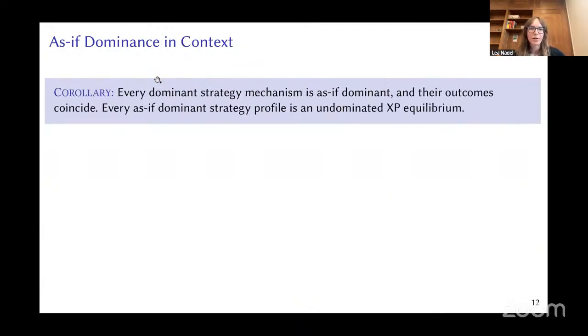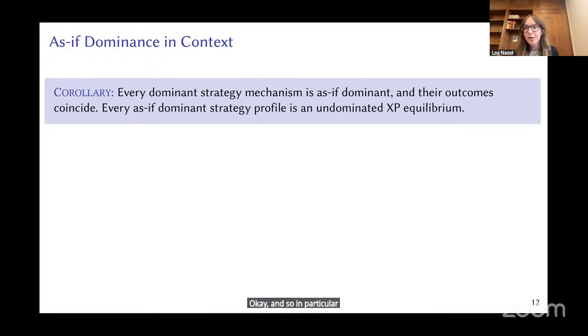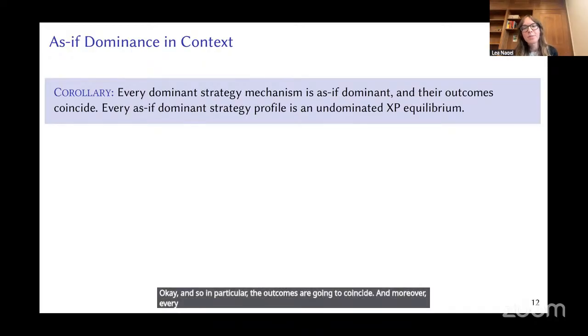So actually, one slide before the example. I'm sorry, Francesco. One more slide before the example, just some accounting, as Andy just noticed. Every dominant strategy mechanism is going to be as if dominant. And so in particular, the outcomes are going to coincide. Moreover, every as if dominant strategy profile is going to be an undominated exposed equilibrium.